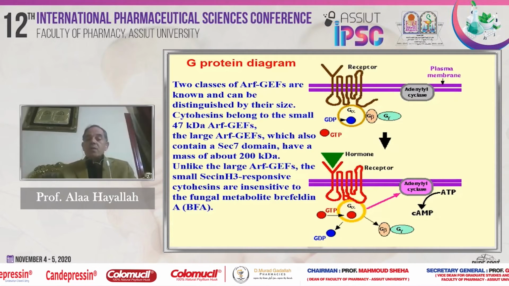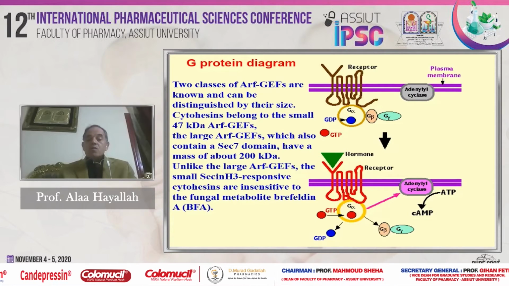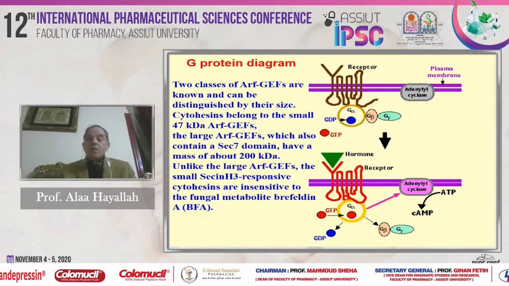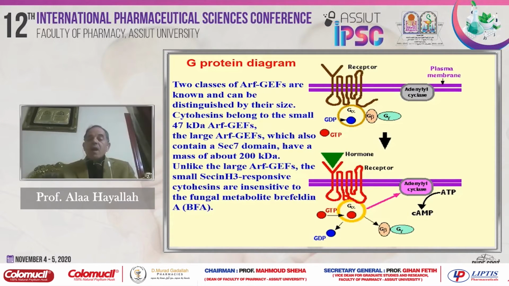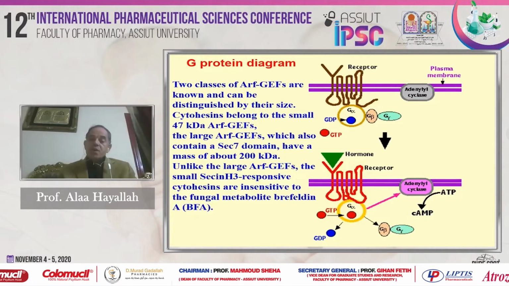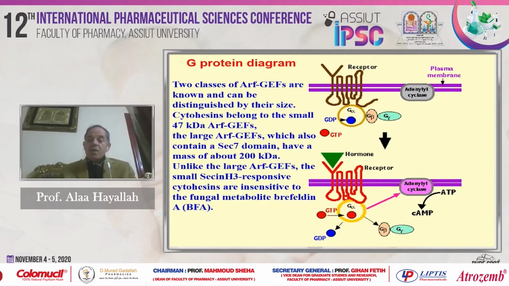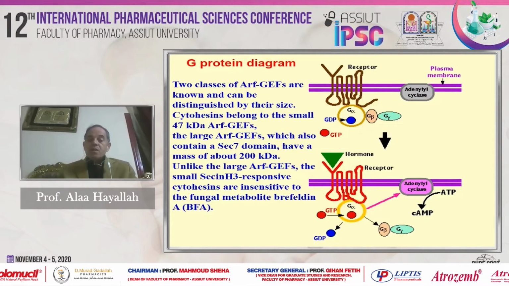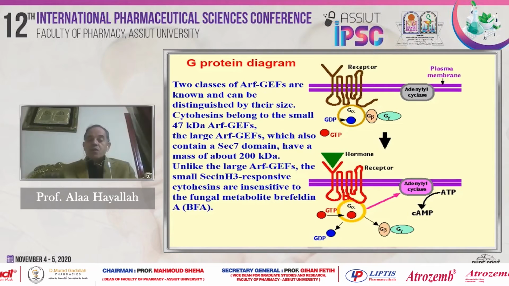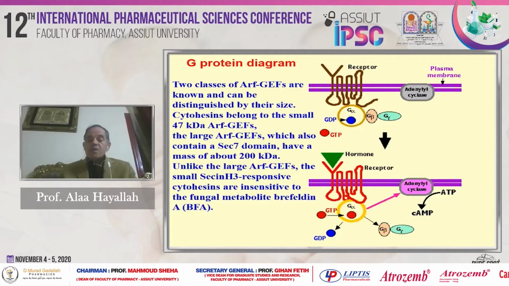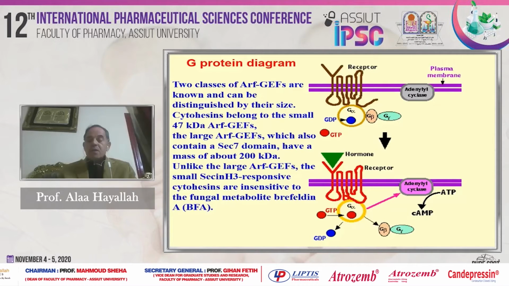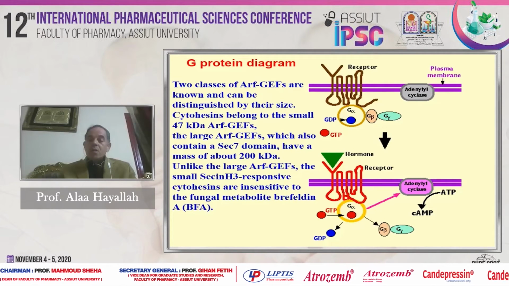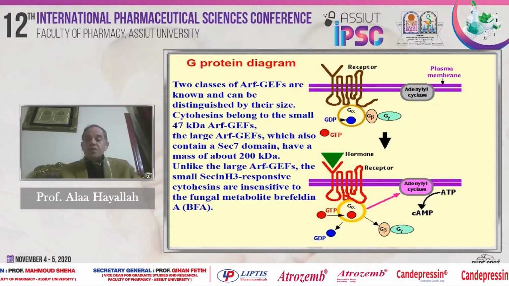The large ARF GEF proteins, which also contain a Sec7 domain, have a mass of about 200 kilodalton. Unlike the large ARF GEF proteins, the small cytohesins are insensitive to the fungal metabolite brefeldin. We will discuss this reagent later.